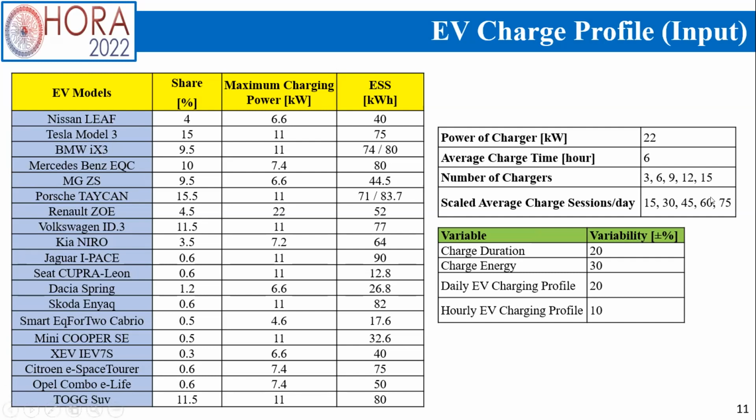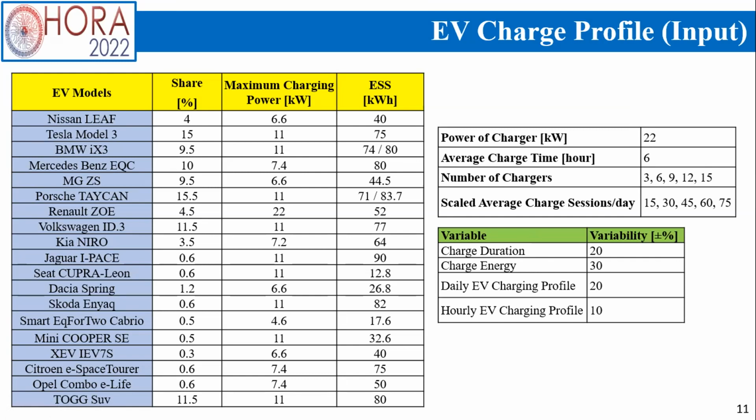In addition, the dominant EV and EVCS companies in the markets, current electrical power meters, average charging unit power and charging time are reflected in this profile. Alternatively, the charge time, charge energy, and daily and hourly charge variabilities were left to Homer Grid's recommendation.